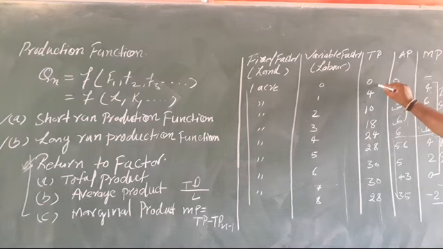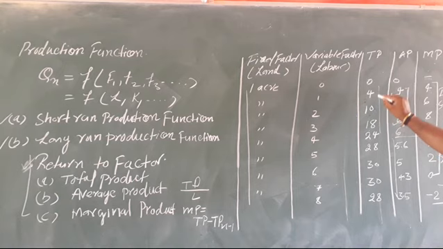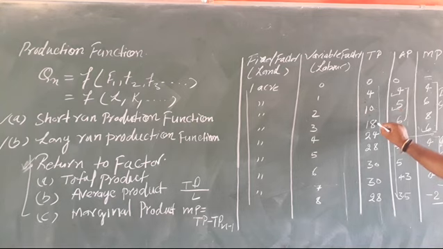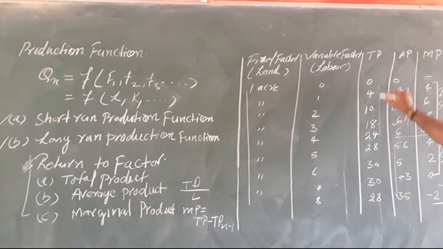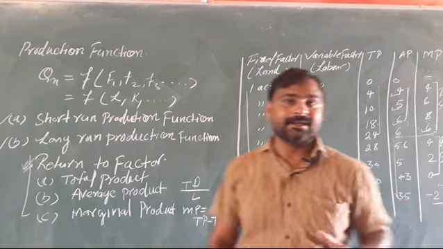First, when the total product increases at an increasing rate, say from 4 to 10, the increment is 6, from 10 to 18, the increment is 8, it is increasing at an increasing rate, marginal product will increase.